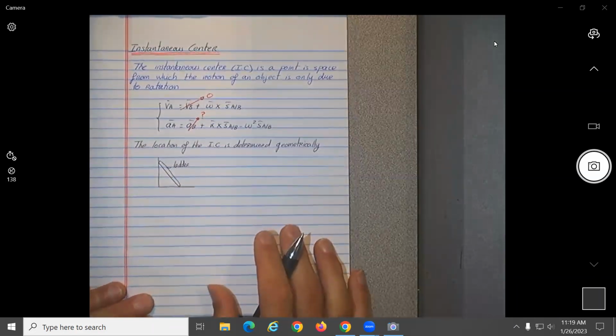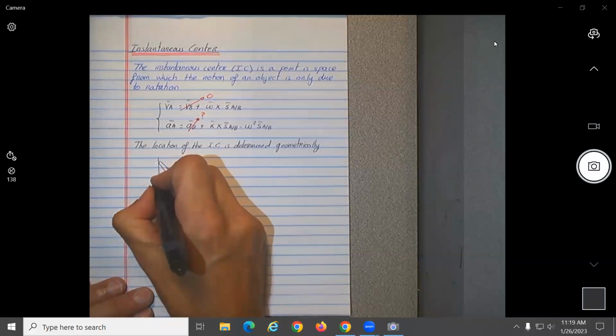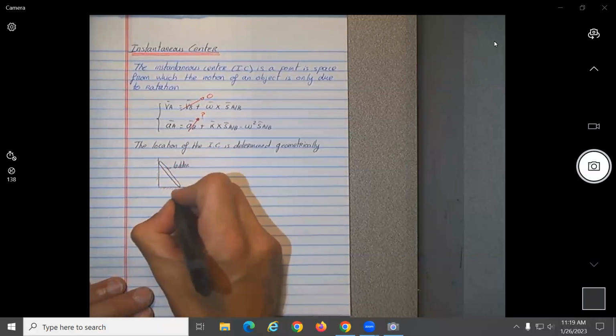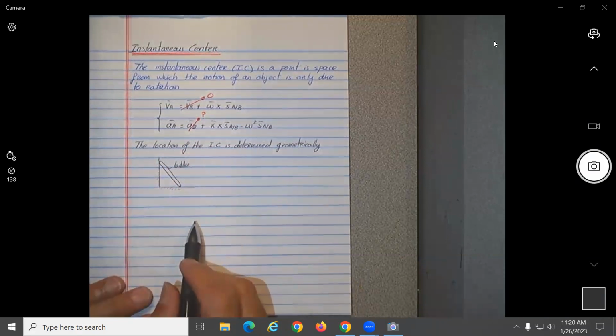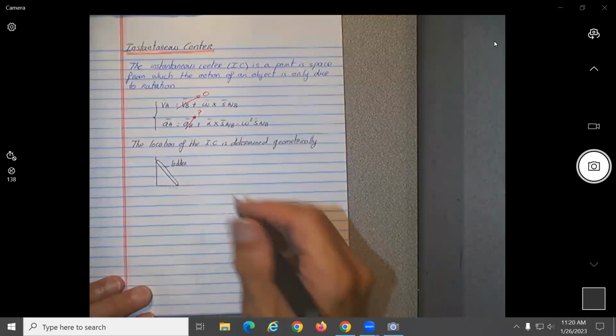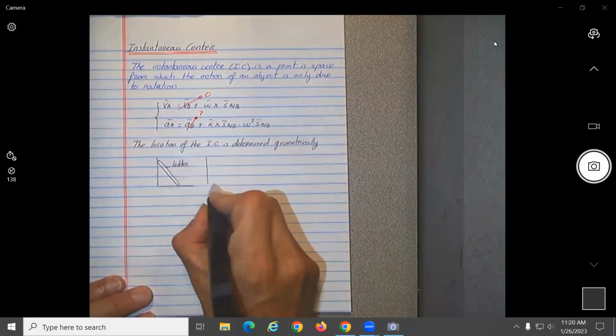Let's say you have a ladder which is supported on a smooth surface. What's going to happen to the ladder if the surface is smooth? It's going to slide. So let's see if I can do another figure.